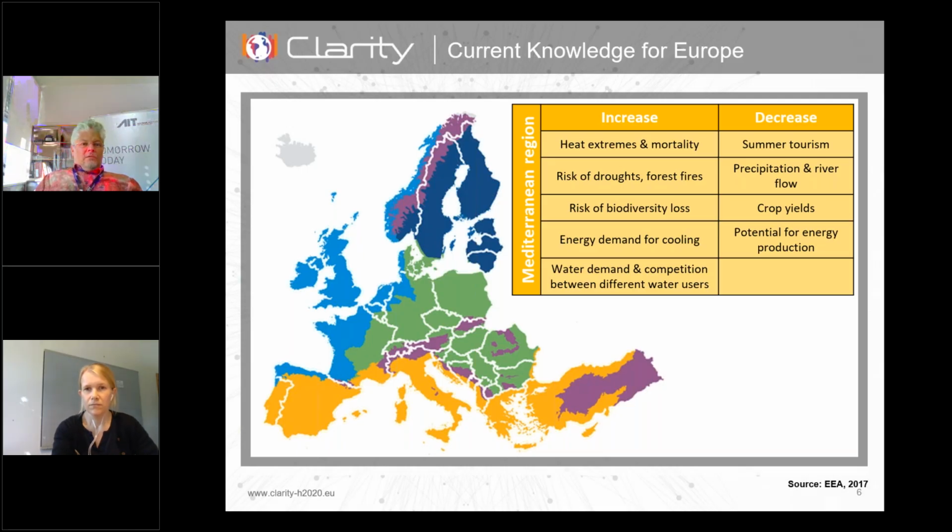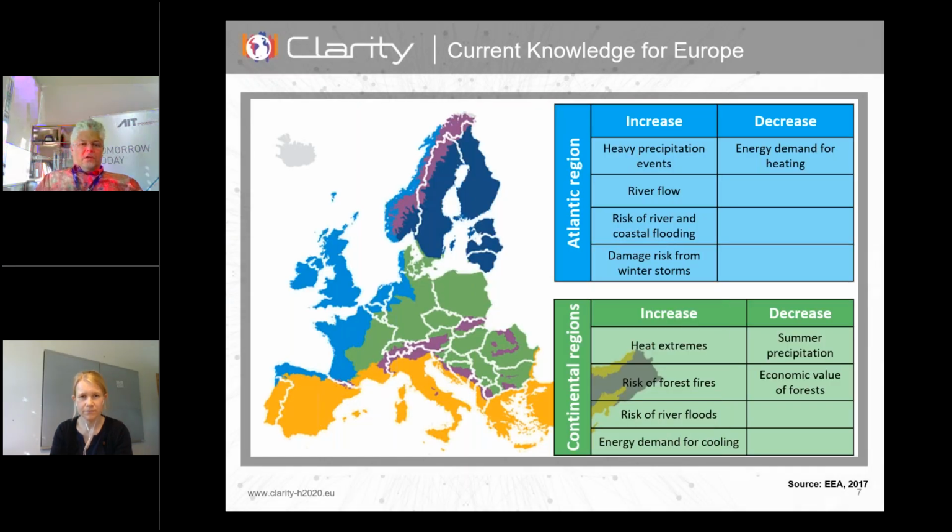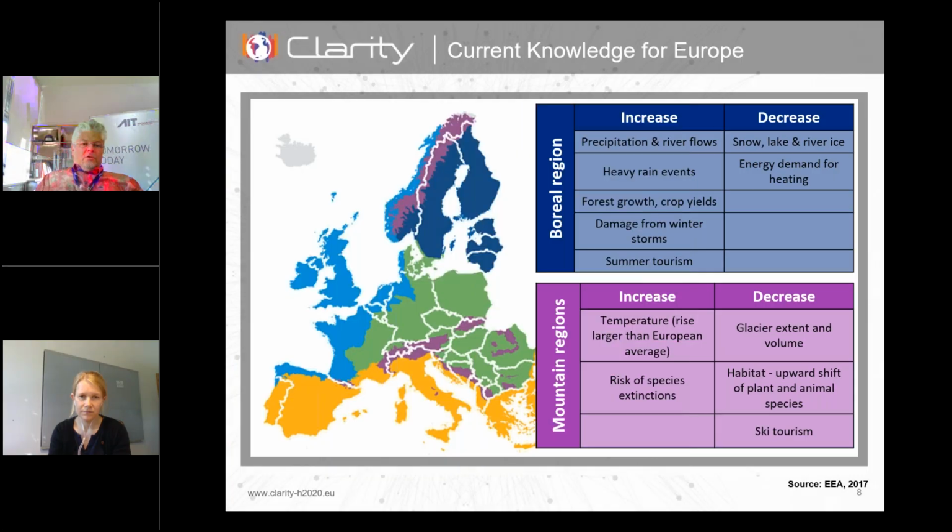To look at why we are doing all this, we know already, this is from EEA, so that's not calculated by the project. We know more or less for different parts of Europe what kind of issues we can expect. So this is for South Europe, but also in other parts of Europe you can expect problems, even in regions where you wouldn't expect it, like the Atlantic region or the Nordic region and the Alps.